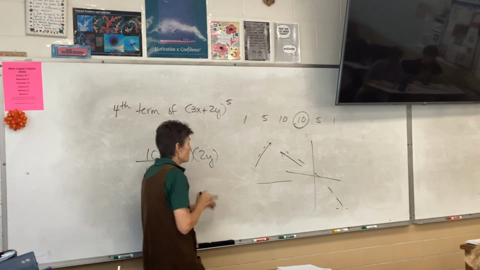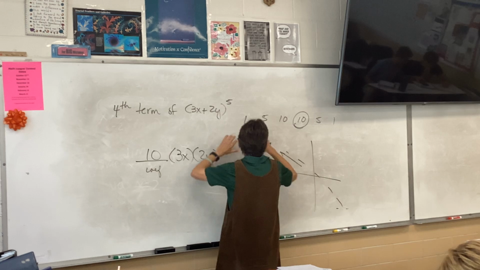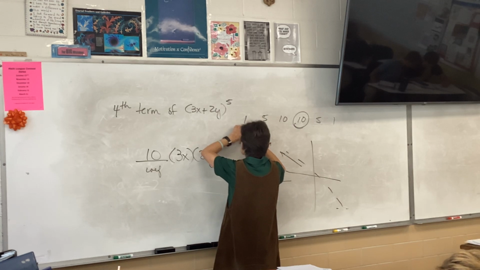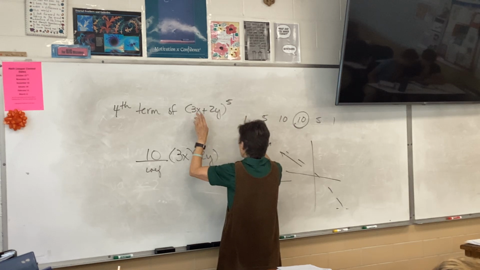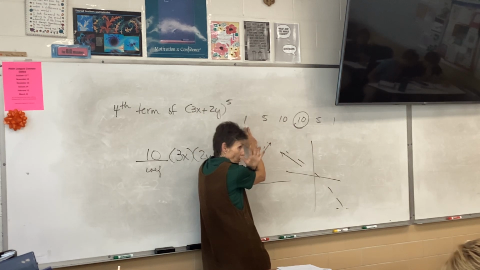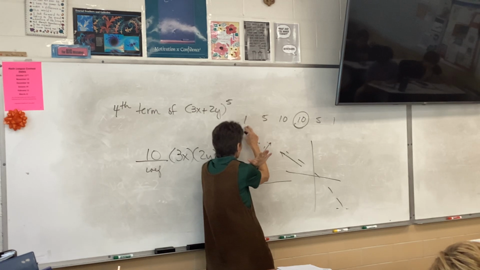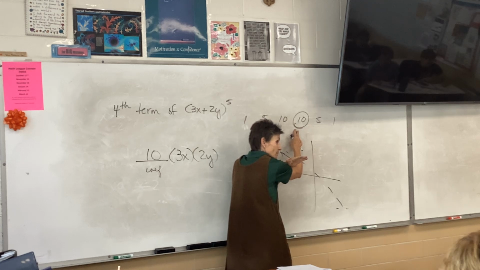Now, if I were writing the whole thing out, using all those coefficients, the power on 3x would be 5, right? Start with 5 and count down. So 5, 4, 3, 2.